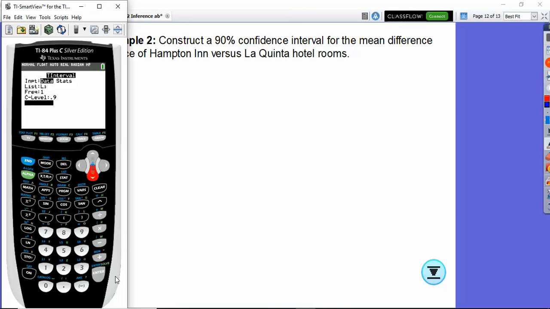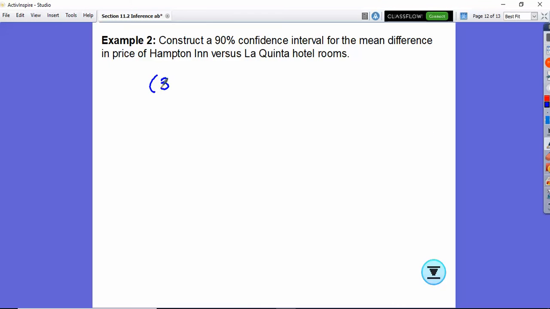And calculate. Where'd you go first? Stat, tests, number 8, the t interval. We get 33.526 to 69.274.